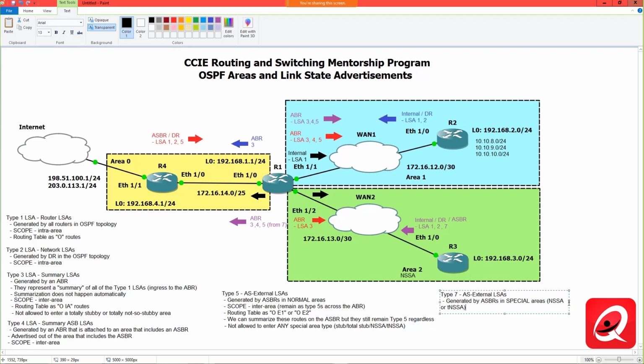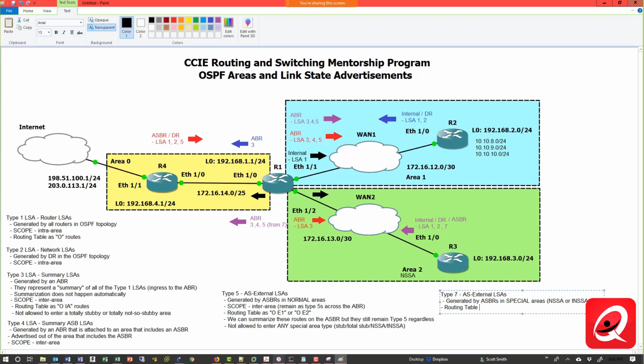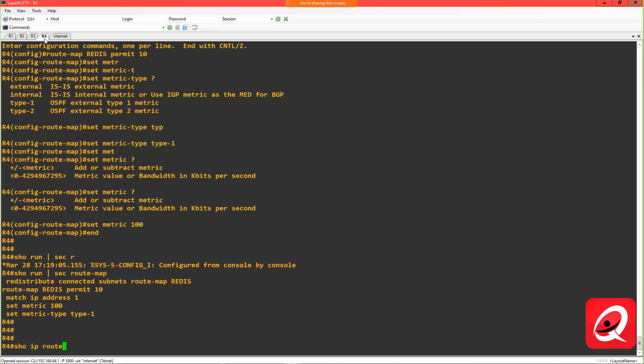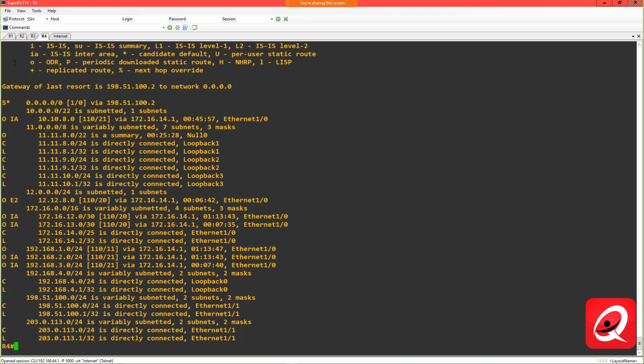All right. What else? The routing table. This is interesting. They are going to show up. Let me go over to router 4, show IP route. They're going to show up as external here when they become Type 5s.